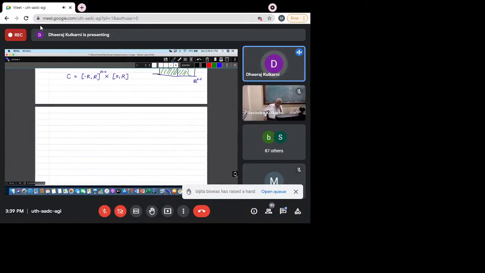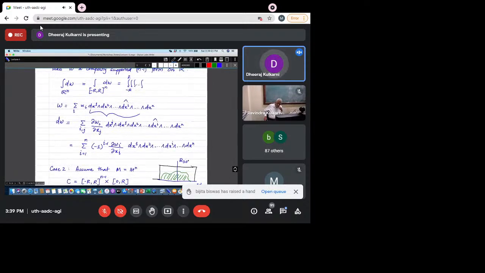Now again, if we perform the same computation, it will be useful even in the case of Hn.